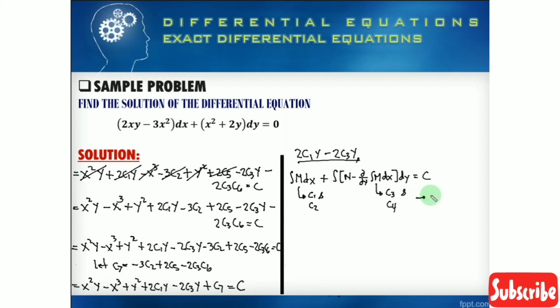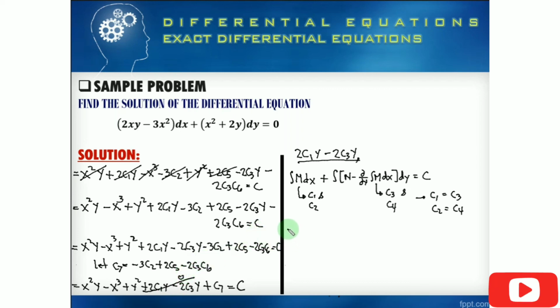So we can say that your c1 is just equal to your c3, and your c2 is just equal to your c4, since we are integrating the same m with respect to x, okay. So because of this, 2c1y minus 2c3y, since our c1 is equal to c3, we can say that this will be cancelled out, this will be equal to 0, okay.